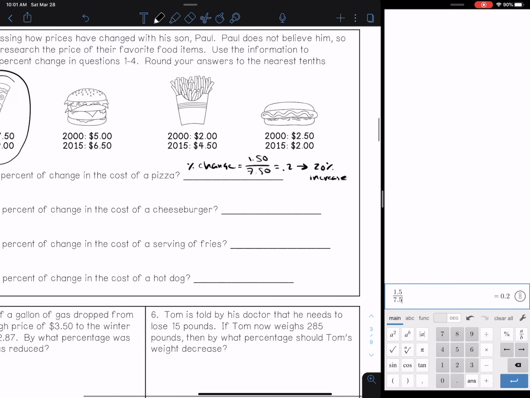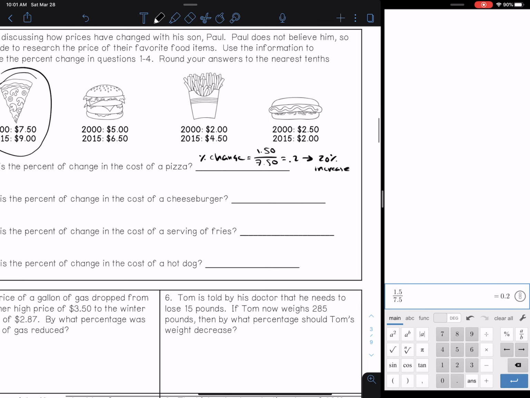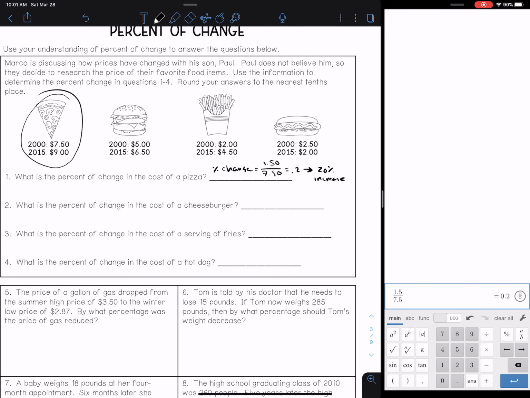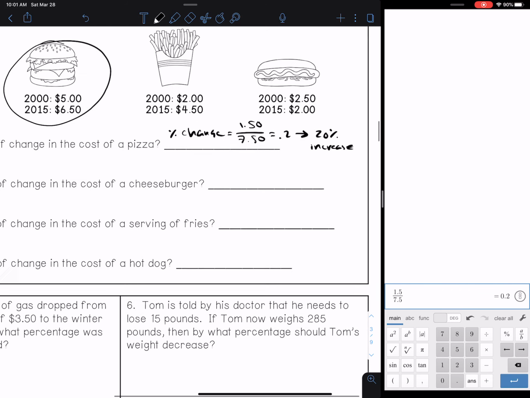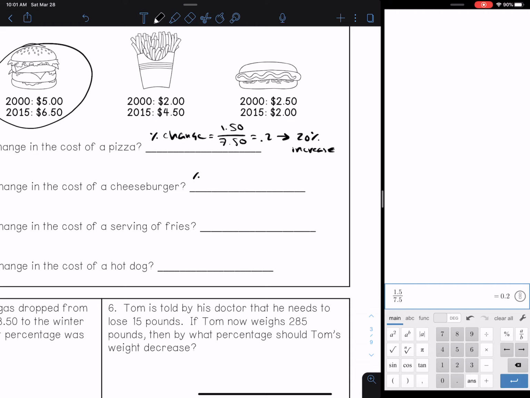Number 2, what is the percent of change in the cost of a cheeseburger? Again, the percent of change equals the amount of change. It changed from $5 to $6.50, so it changed by $1.50.